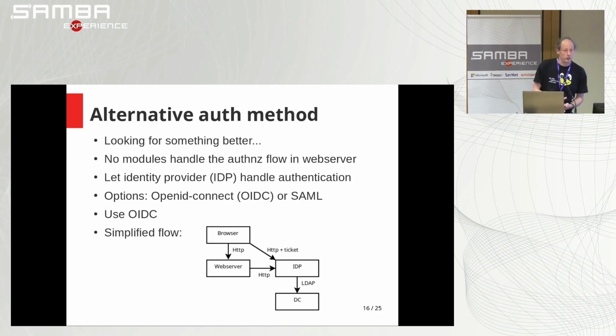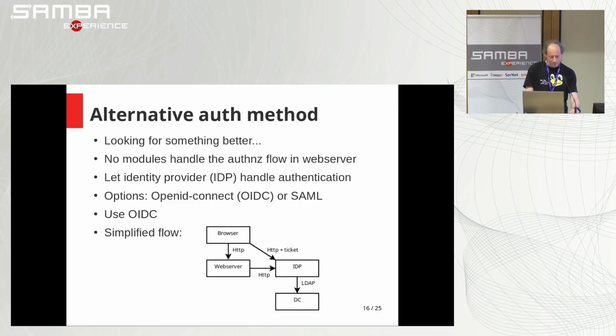And the answer is Apache can't do this alone. So you need an authentication server somewhere to do the authentication work, and then redirect you back to Apache. In this case, I decided to go for OIDC because it's more modern than SAML, and I don't like XML that much that I want to fiddle around with that.